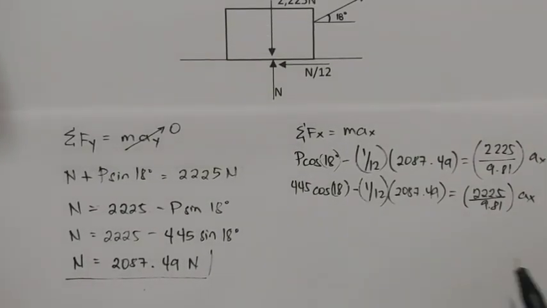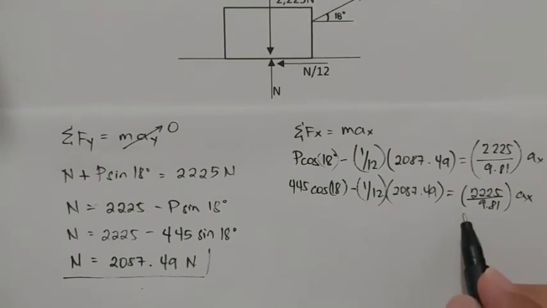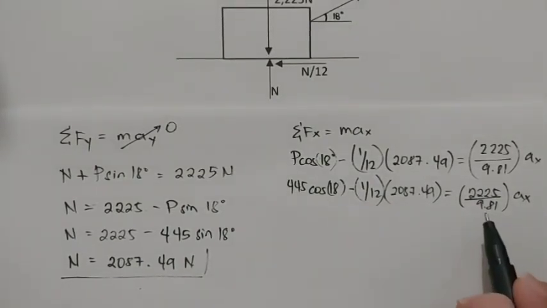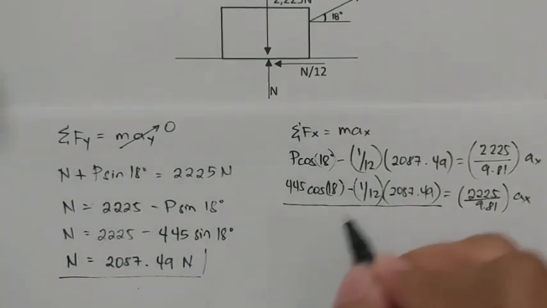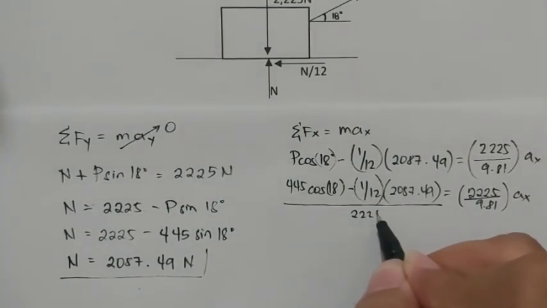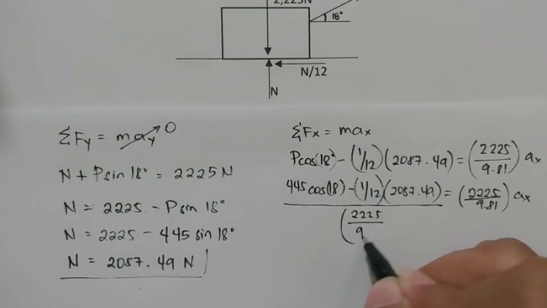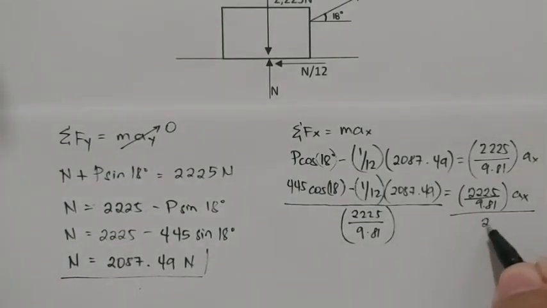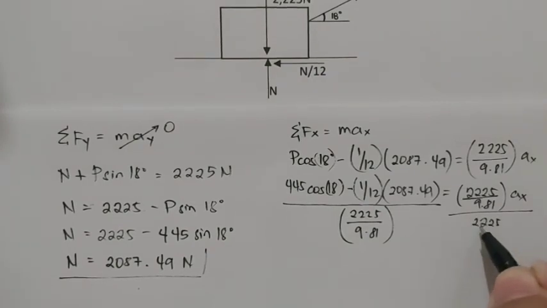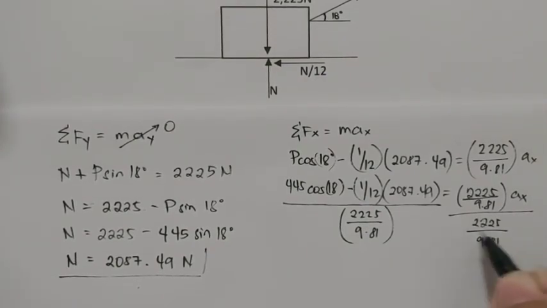Then, to get our acceleration, we can divide both sides by this term, 2,225 over 9.81.